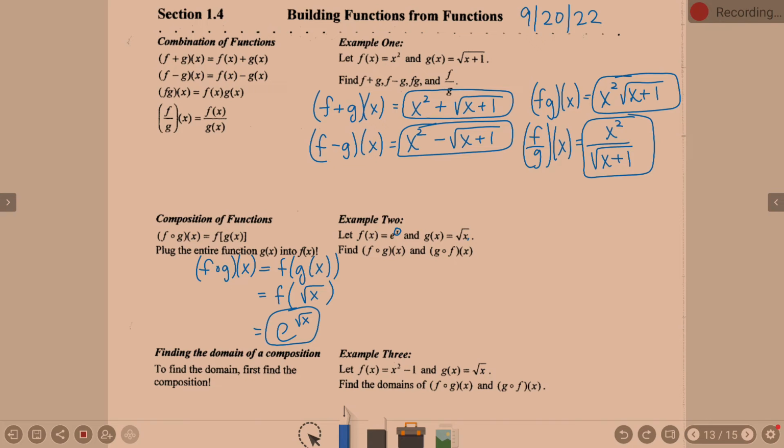Now, what happens when I reverse my function composition? Instead of fog, we talk golf. So g composed with f of x. If it's g composed with f, I don't know if you like this visual or not, but that means it's g of f of x.